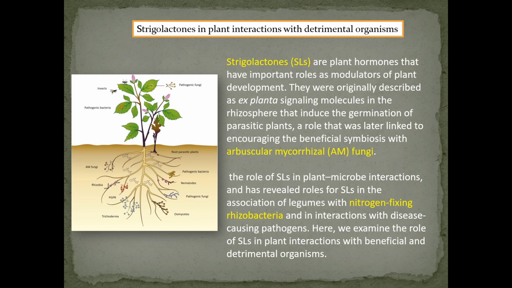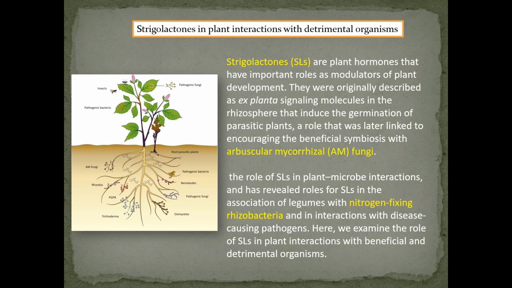Strigolactones were originally described as exuded signal molecules in the rhizosphere that induce germination of parasitic plants, a role later linked to encouraging beneficial symbiosis with arbuscular mycorrhizal fungi, which easily penetrate the plant roots.